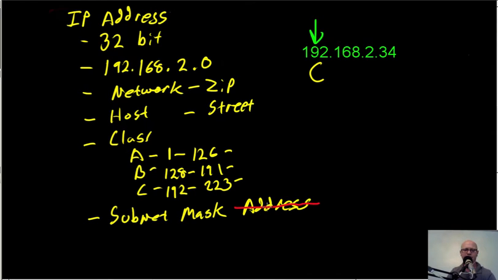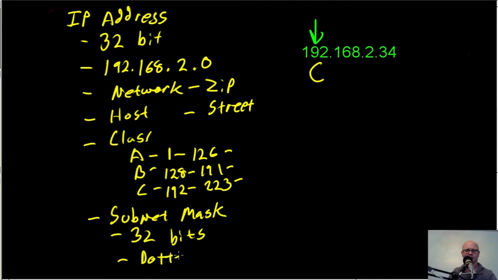It just happens to share some common characteristics with an IP address in that it's 32 bits long, and it's expressed in the dotted decimal format, right? And the subnet mask is a continuous string of ones followed by a continuous string of zeros.